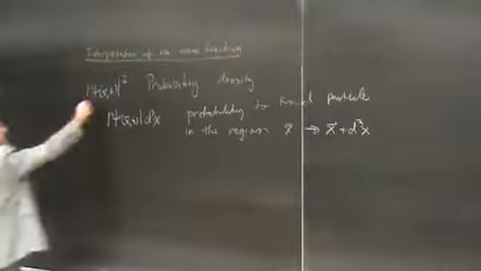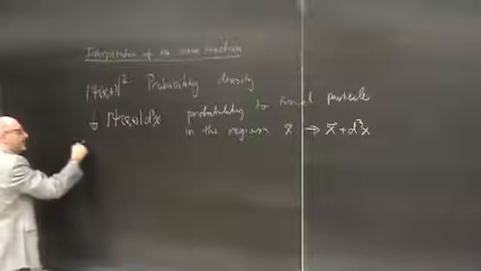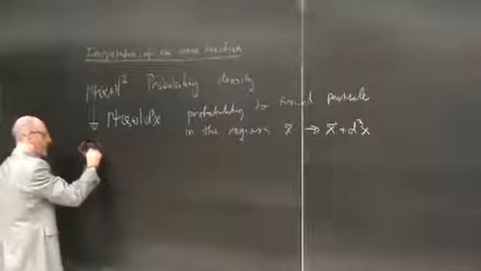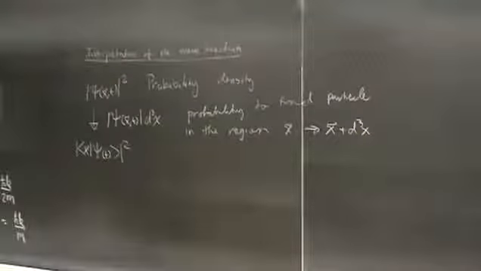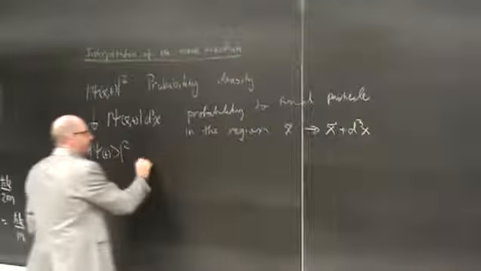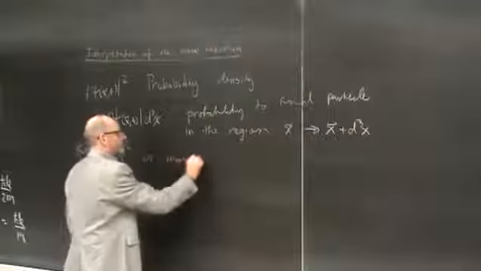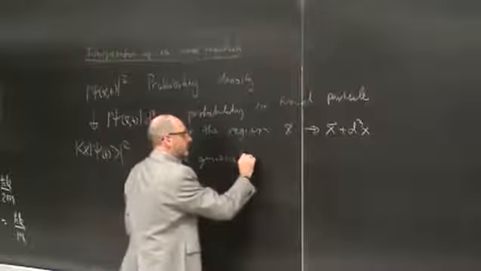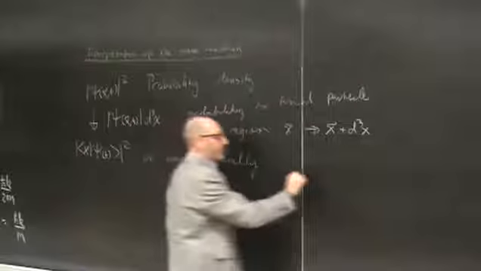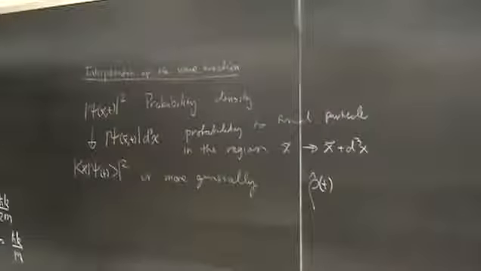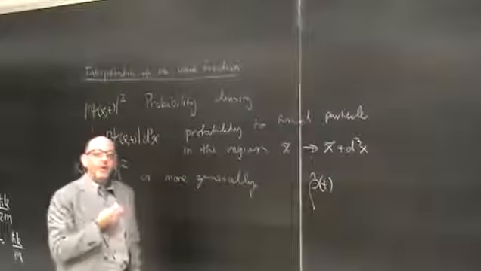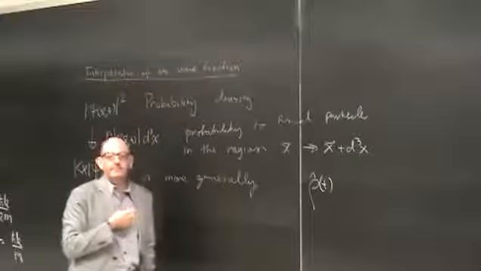Of course, we can think about this if we like. This is the representation of the state in that position representation. Or more generally, if I had a density operator, meaning I had a mixed state, what is the probability density to find the particle at position X?